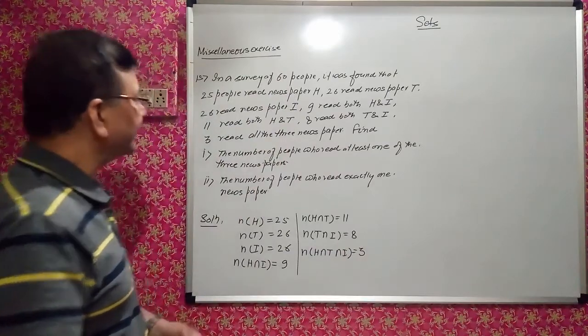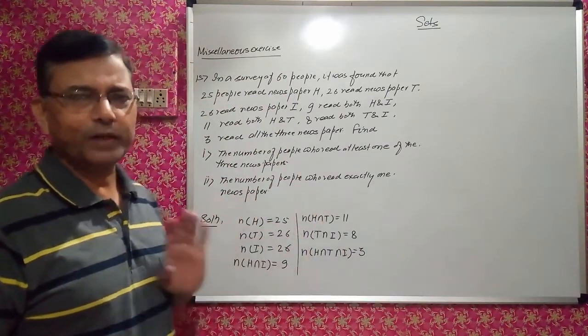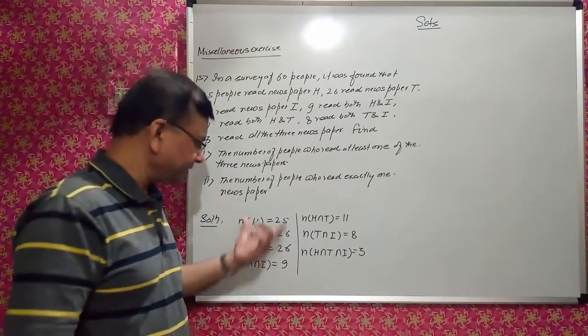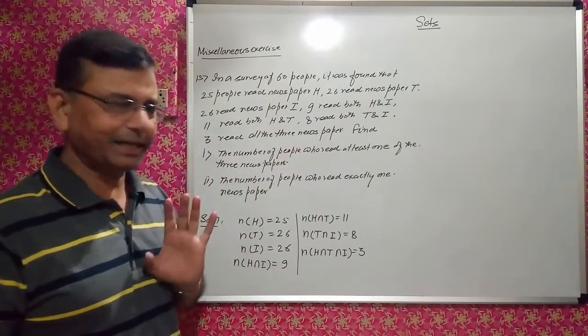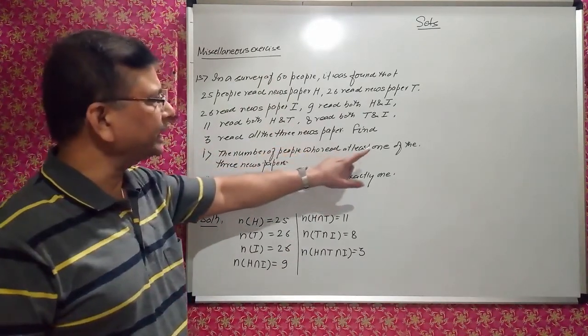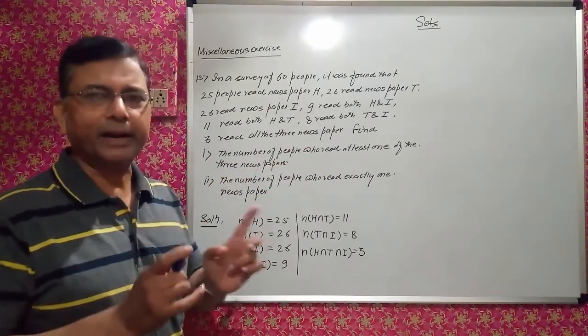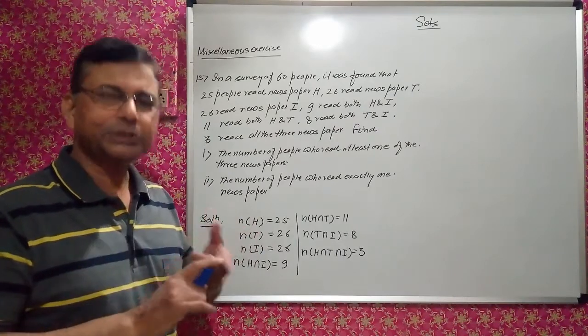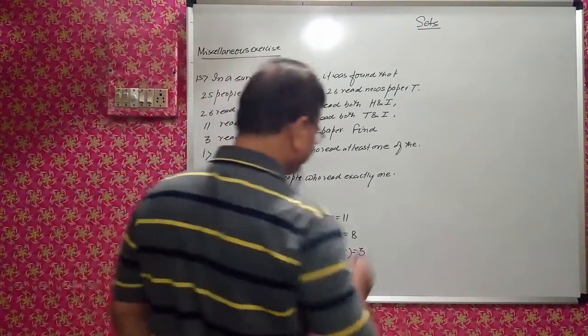So whatever data is given, I have represented that symbolically. Right? Symbolically, whatever we gave in textual form, we have now written in symbolic form. Now what is required? Number of people who read at least one of these 3 newspapers. At least one means either H or T or I. Means what is required?